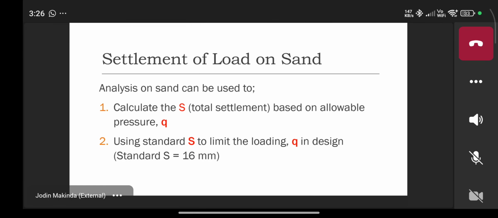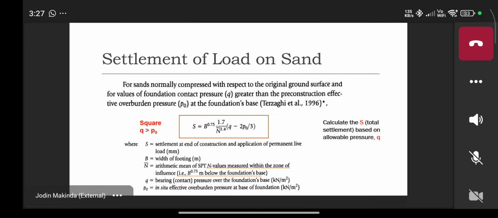One, we calculate the settlement by the given loading. Two, we fix the settlement and we can calculate the allowable limit loading. So these two methods, let's look into the difference.